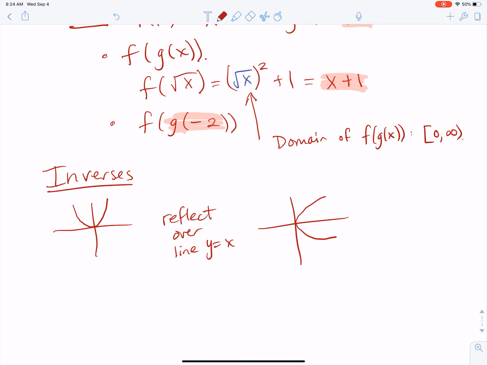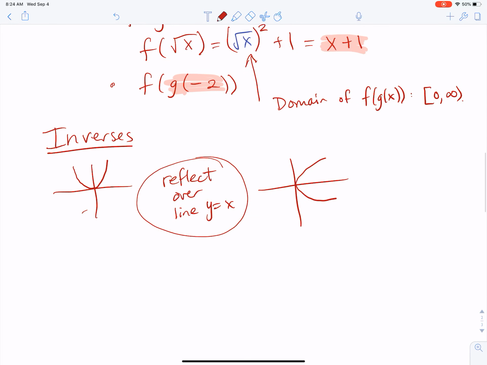This function and this relation are inverses of each other. And it's all about reflecting over the line y equals x. So if you see that a graph has been reflected over the line y equals x, then the two graphs are inverses of each other. So that's the key idea there.